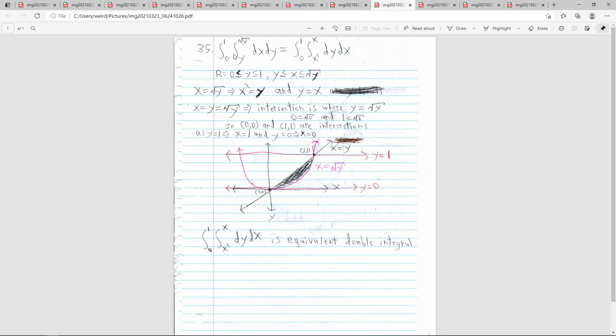Same thing for 35. So we'll get from this form to that, and this is how. So y is given as y equals 0 and y equals 1, and x equals y and x equals square root of y. Okay, a little bit harder to draw. Try it. I at least tried it. I think it's not the best picture, but it's an attempt. x equals y will be a very simple straight line.